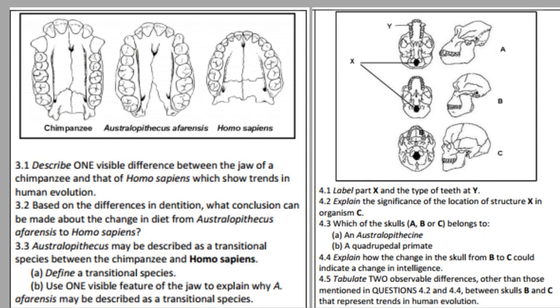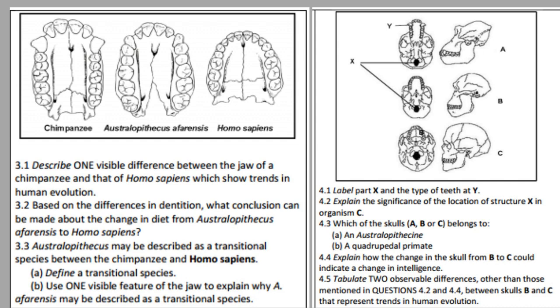3.1 Describe one visible difference between the jaw of a chimpanzee and that of Homo sapiens which shows trends in human evolution. 3.2 Based on the differences in dentition, what conclusion can be made about the change in diet from Australopithecus afarensis to Homo sapiens? 3.3 Australopithecus may be described as a transitional species between the chimpanzee and Homo sapiens.